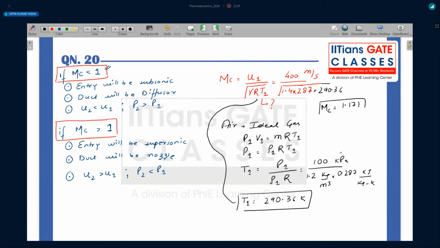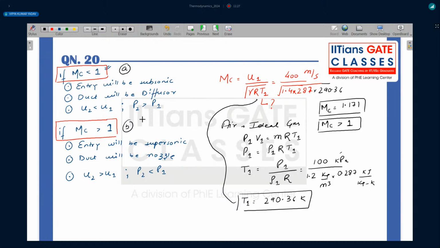And what it is telling me is that the Mach number is greater than 1. So which scenario is valid here, A scenario or B scenario? Of course it is B scenario.